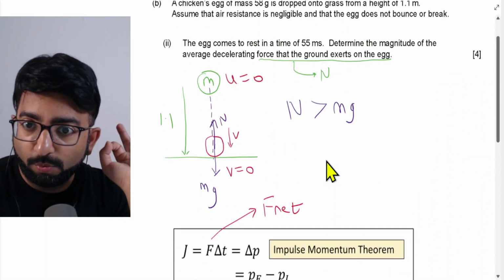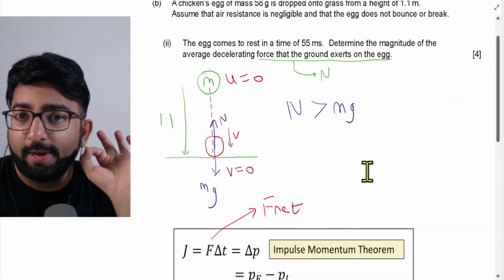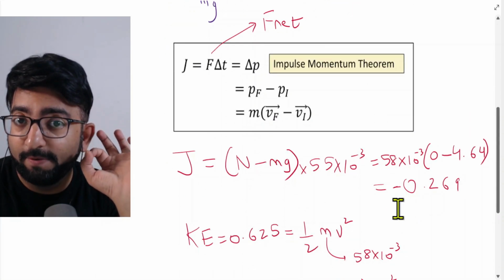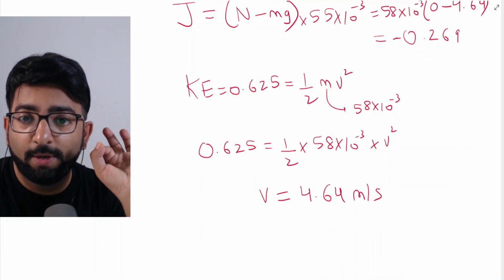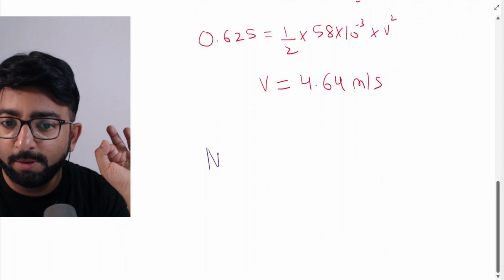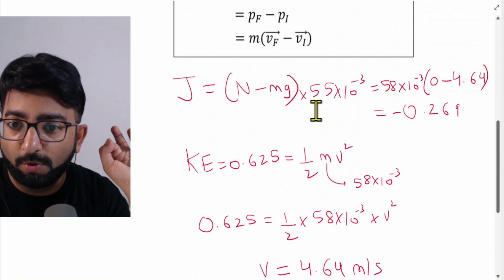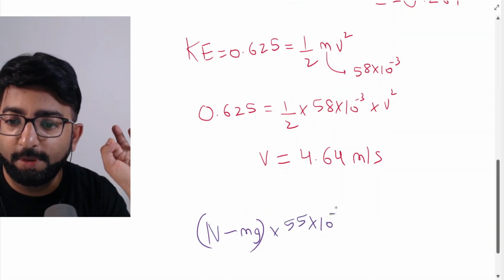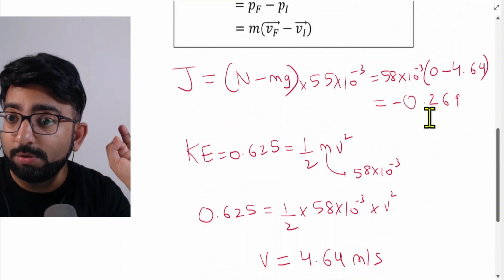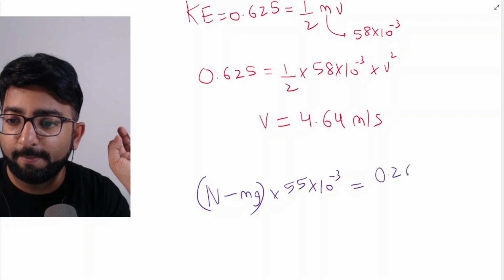Now, if we go back to the question, we were supposed to find the magnitude of the force. And that is why this minus sign we can ignore, since we want only the magnitude. So the entire equation we can write now as N minus mg multiplied by the time taken, which was 55 milliseconds, 55 into 10 to the power minus 3. This will be equal to, on the right hand side, ignoring the minus sign, 0.269.